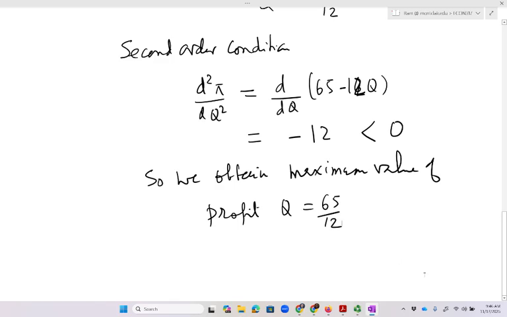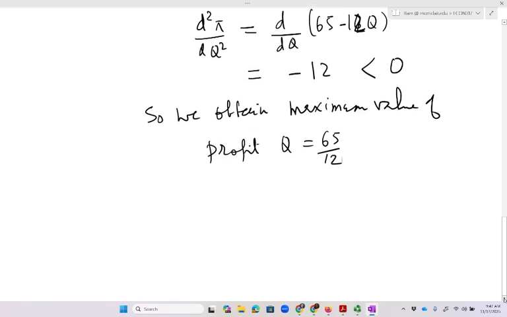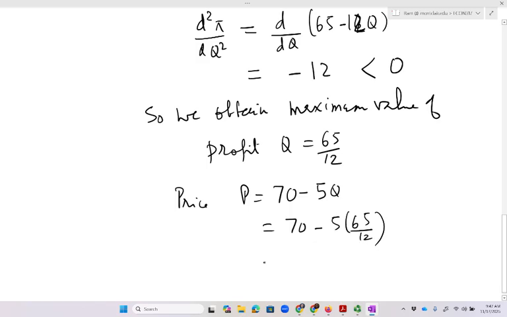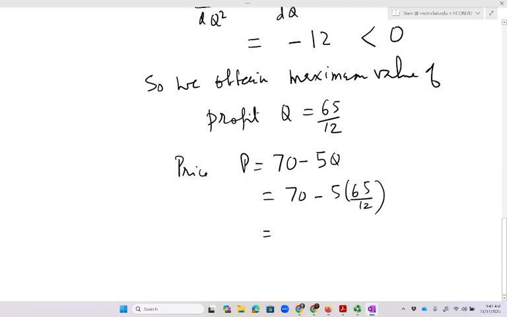Now we can find out the price as well as the profit. Remember, price P is given as 70 minus 5Q. So 70 minus 5 times 65 over 12. We can simplify this.